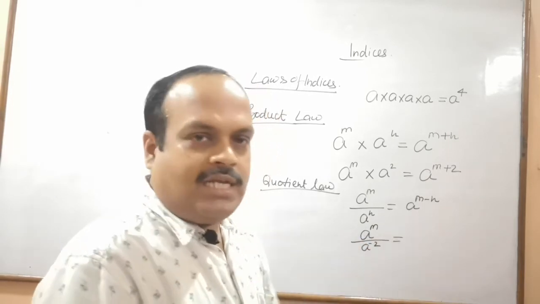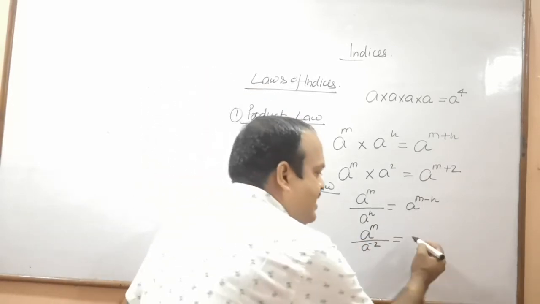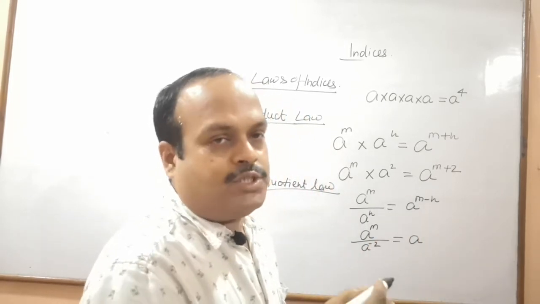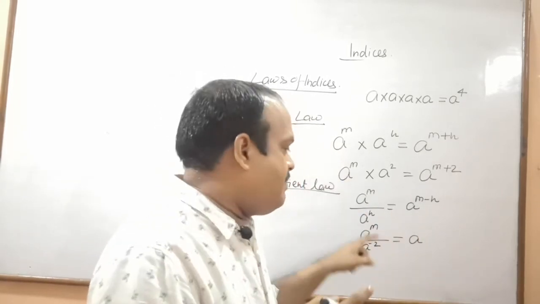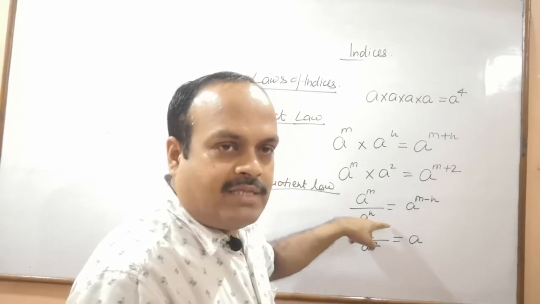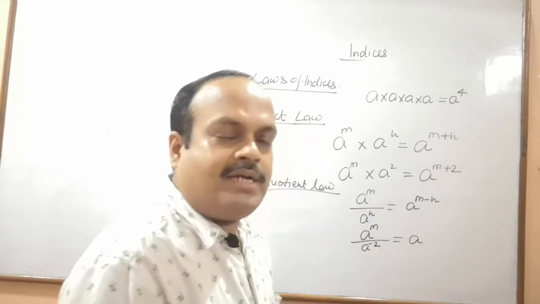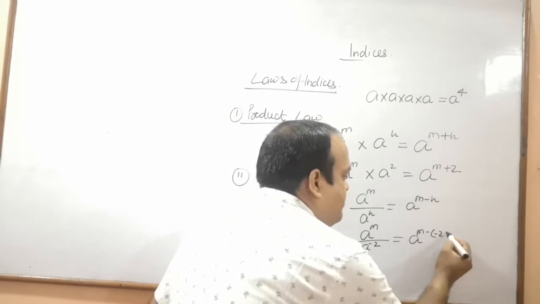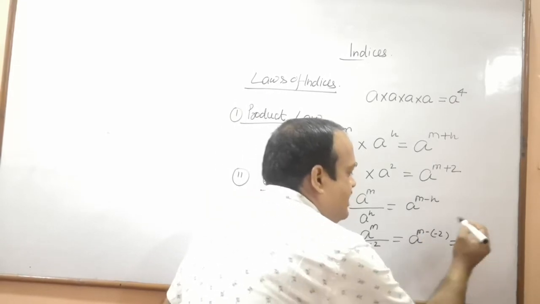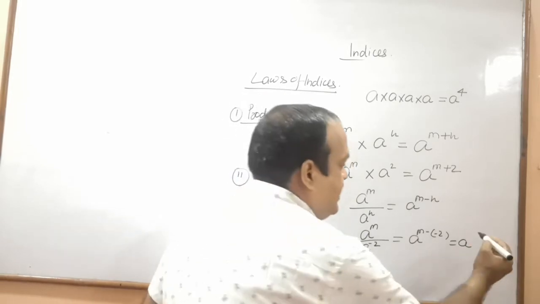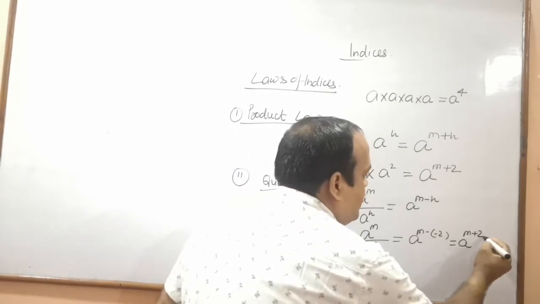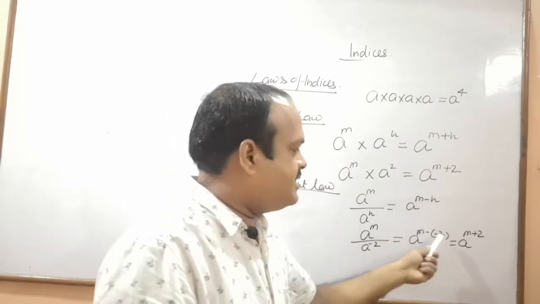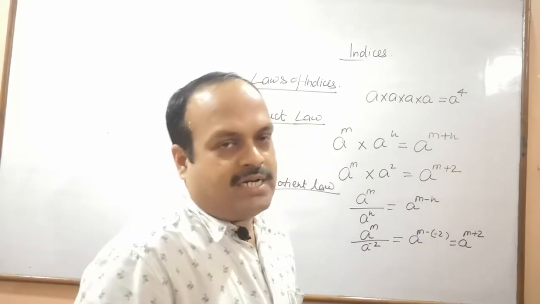So to get the result, we will write the same base, but the power will be equal to the difference of the power in the numerator and the power in the denominator. So m minus minus 2, which finally becomes a to the power m plus 2. I hope you know this concept. Minus into minus becomes plus.